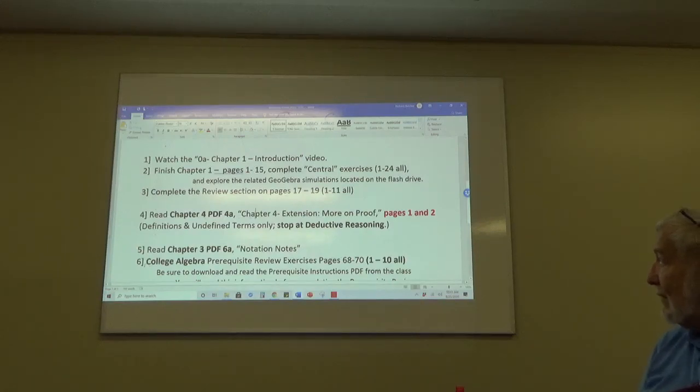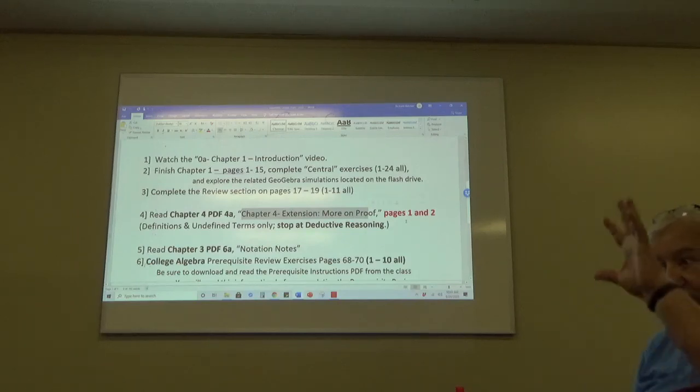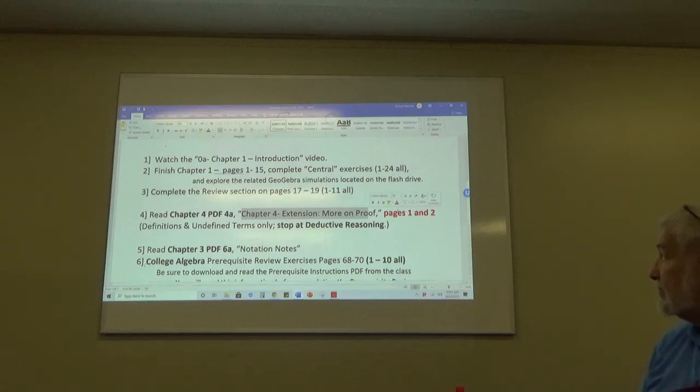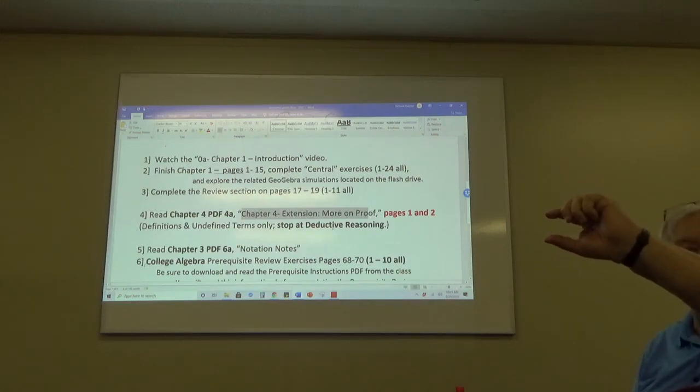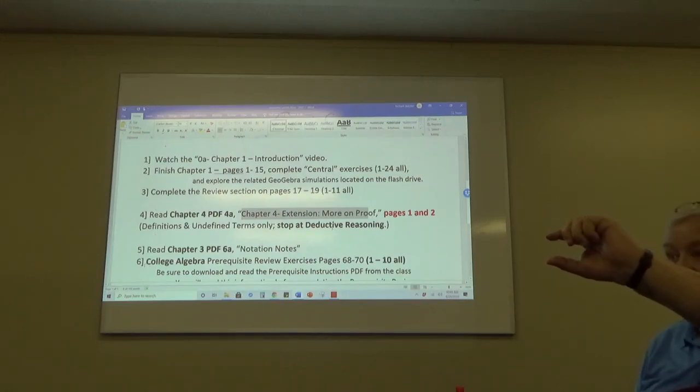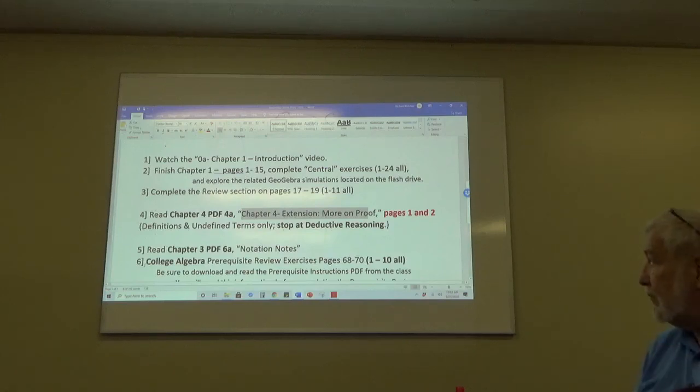Go to Chapter 4 Extension for more proofs, and just read pages 1 and 2. That's all, because that discussion goes with what we're doing in the first chapter. It says stop at deductive reasoning, which is about an inch from the bottom of the second page. So you're just reading the first part.